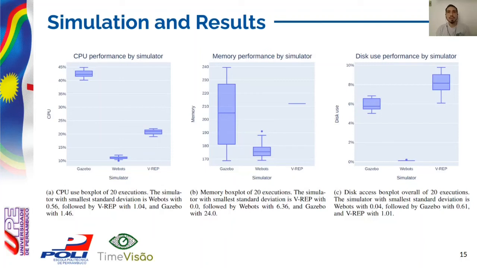In comparison, V-REP requires more CPU and presents a higher disk usage. However, the memory footprint is stable over all the runs. And finally, Gazebo is the simulator that requires the most resources but requires less disk usage than V-REP.